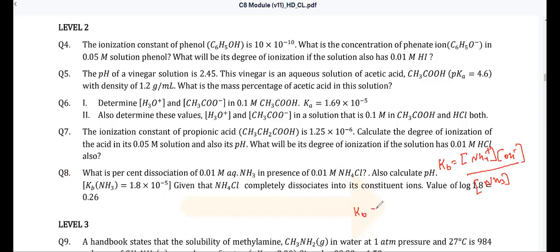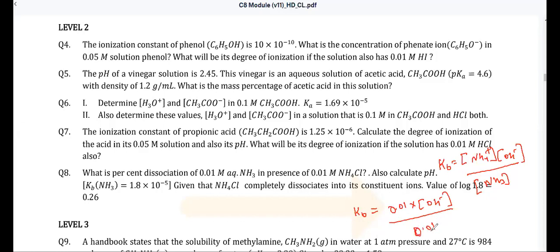So Kb is equal to concentration of NH4 plus, which is this concentration because of the common ion, 0.01, into concentration of OH minus, divided by concentration of NH3, which is C minus C alpha. But since C alpha will be very small, I can just ignore it and write it as 0.01 only.